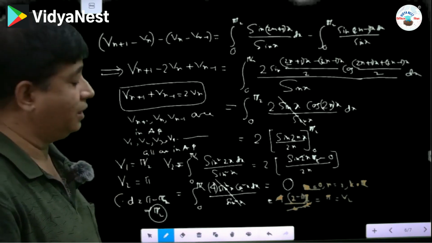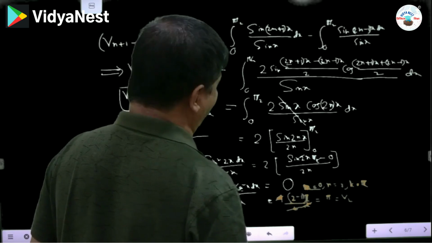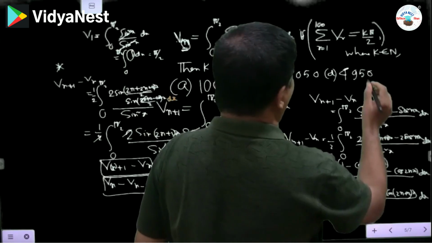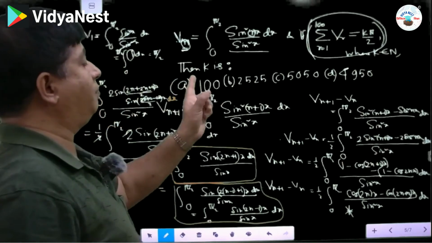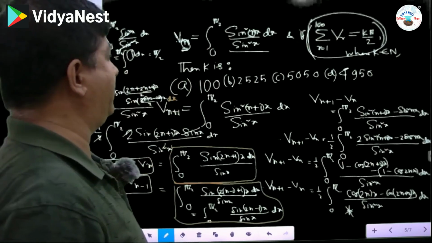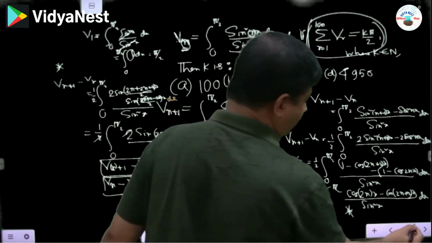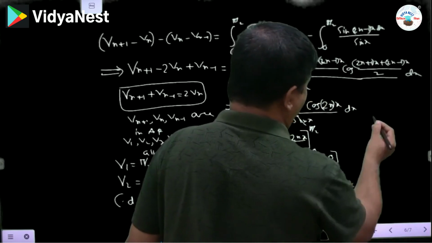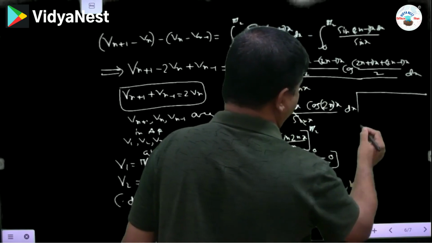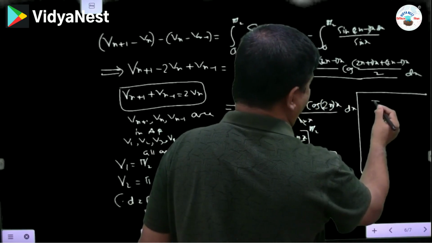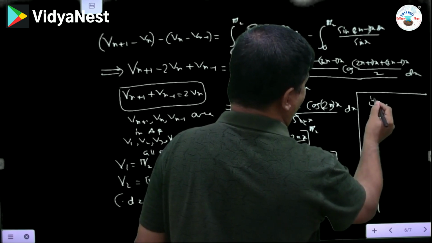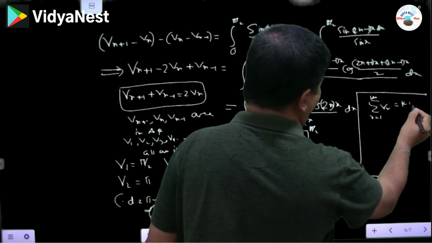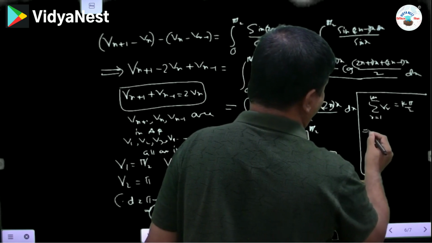Now you observe what we are told to find. We have this result V1 plus V2 up to V100. See, we have got the summation of VR, R from 1 to 100, equal to K pi by 2.